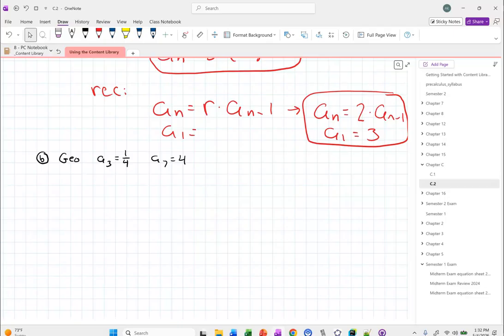Here, to solve for the r value, it's a little bit more complicated. What I'm going to do is form a system of 2 equations. So remember, this is our explicit formula. So I have an n and an a sub n for each of these.